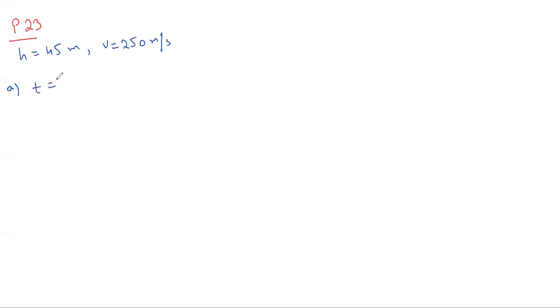So we have to calculate the time, again by using Newton's equation of motion, y is equal to 1 by 2 g t square. So t is equal to the square root of 2y over g. Just put the values.